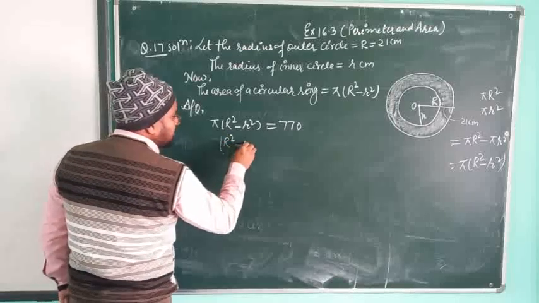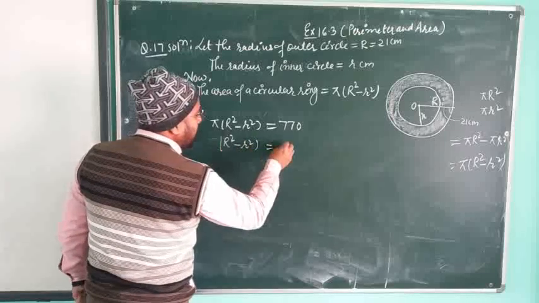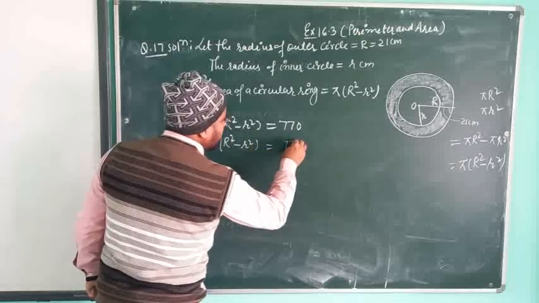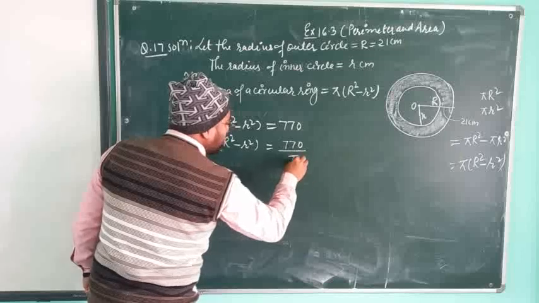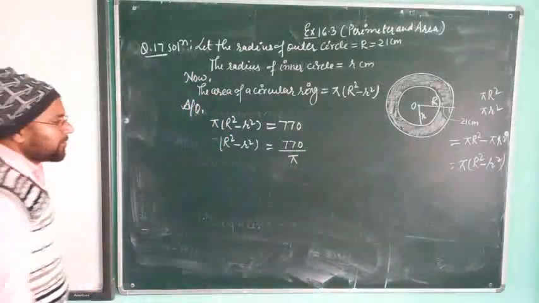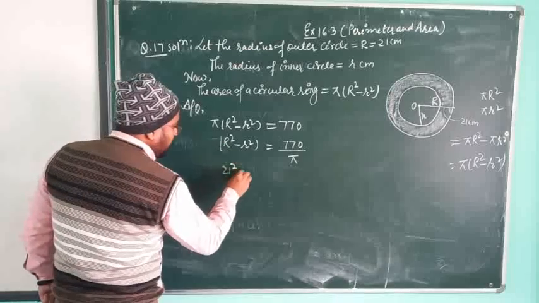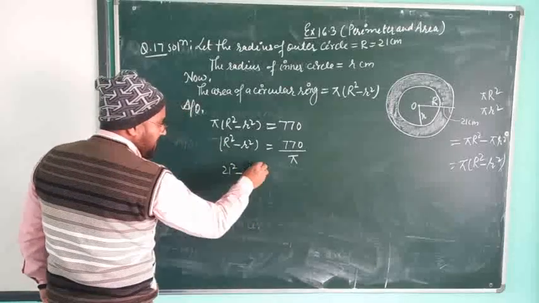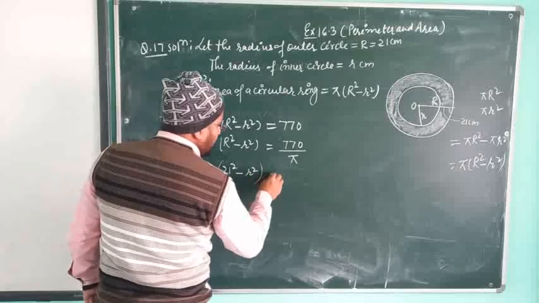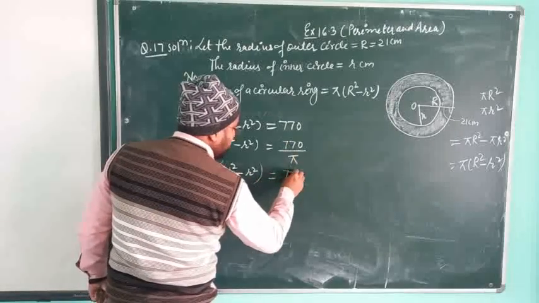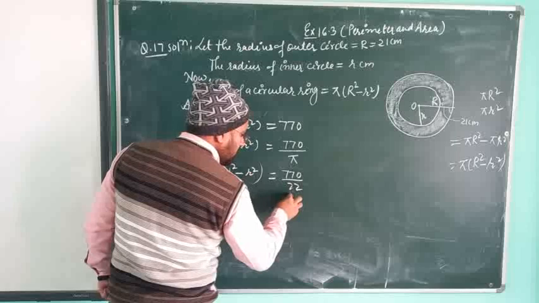Capital R square minus small r square is equal to 770 divided by pi, since pi is in the form of multiplication, if you transpose it to that side it changes into a division. The capital R is given, 21 square minus small r square is equal to 770 divided by 22 upon 7.